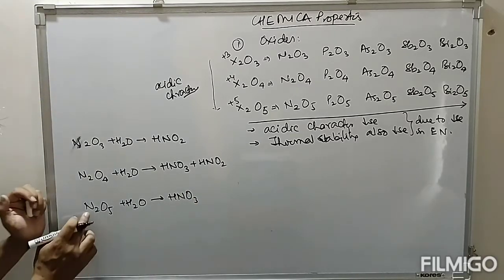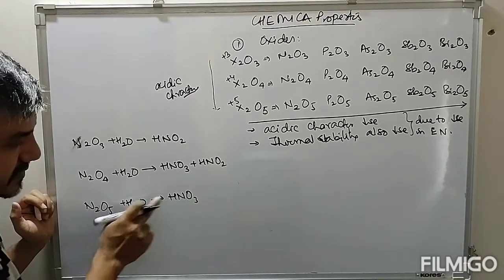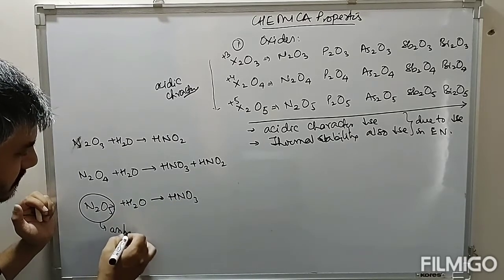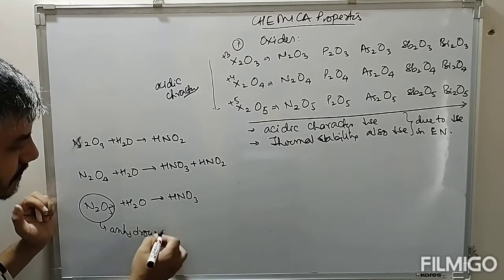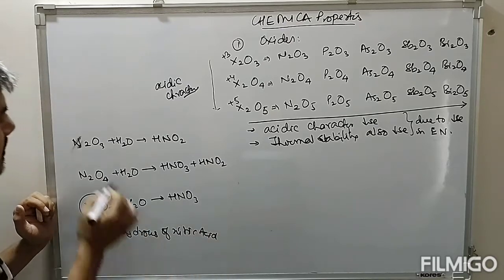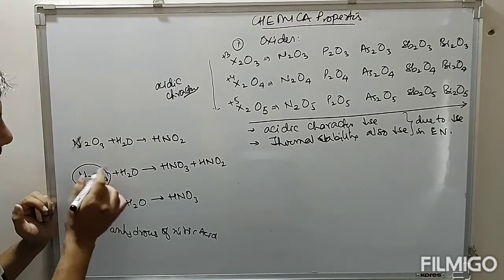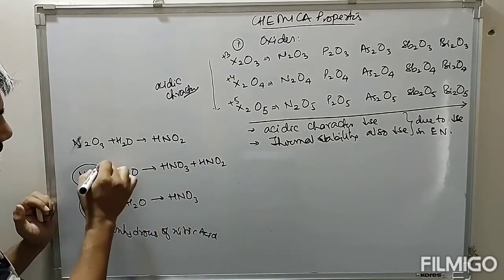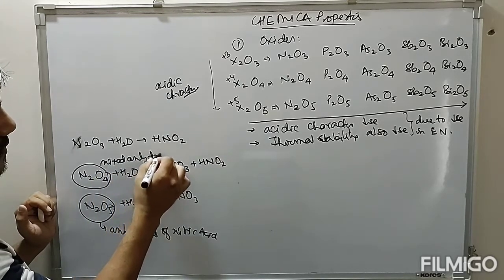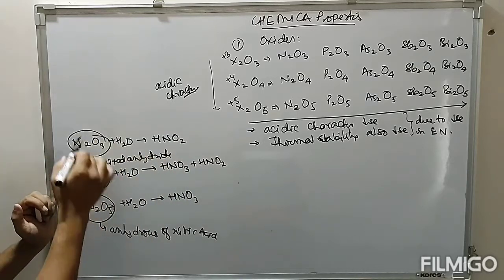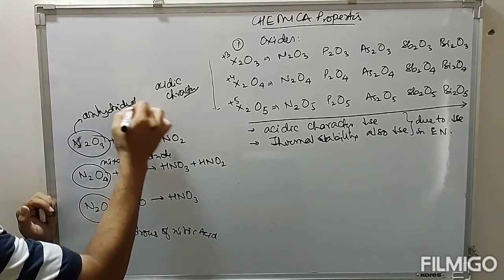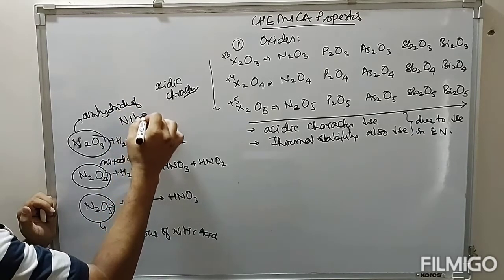Now this N2O5 on hydrolysis gives nitric acid, so this is known as anhydride of nitric acid. N2O4 is known as mixed anhydride because this gives you a mixture of acids. While this N2O3 is known as anhydride of nitrous acid.